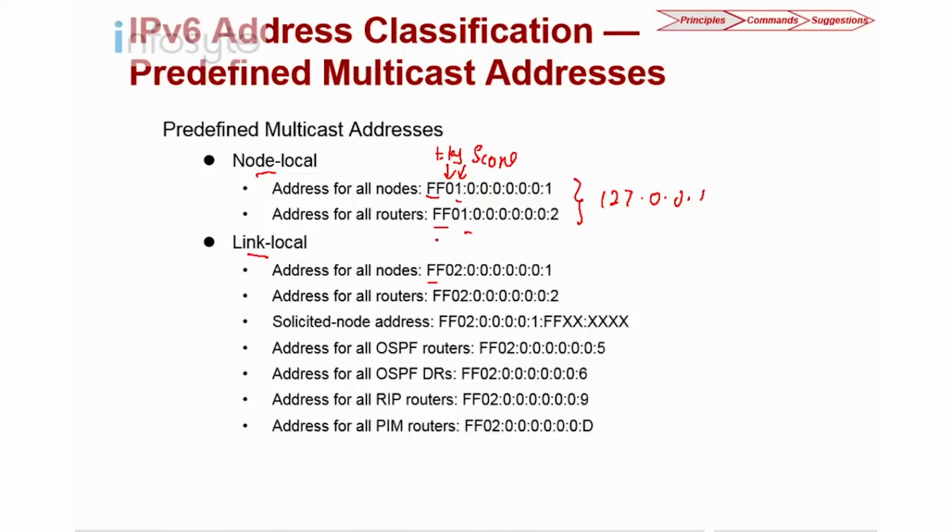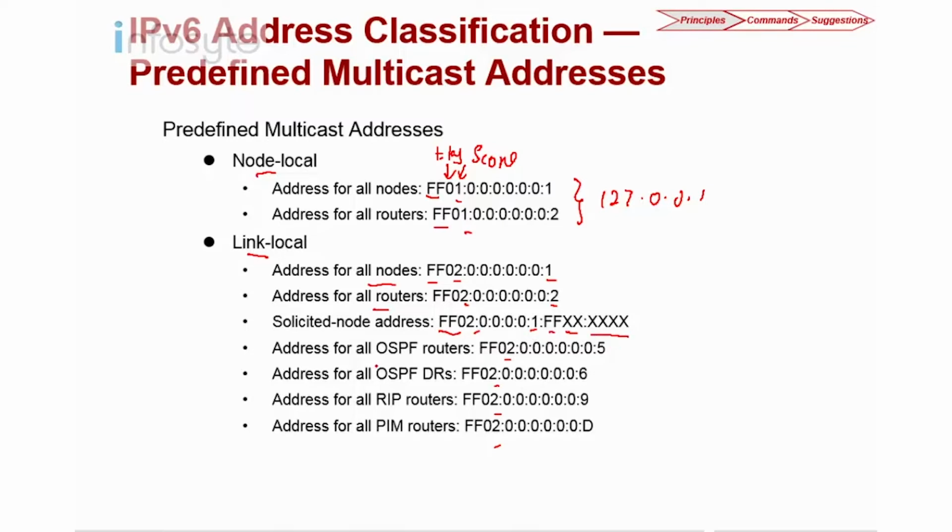Next, we have the link local. As you can see, the link local here has a scope of 2. You also notice that the address ending with 1 refers to all nodes, and the address for all routers ends with 2. For the solicited node, you can see that this will be the solicited-node multicast address, FF02::1:FFXX:XXXX.